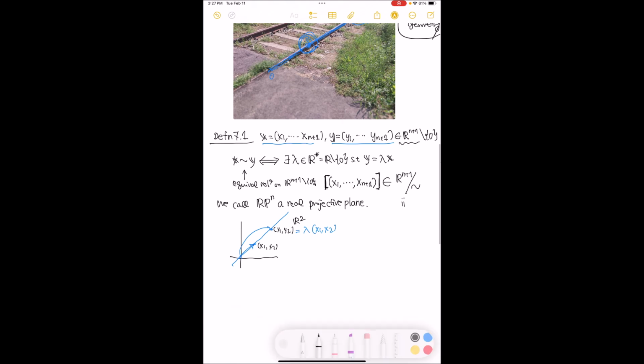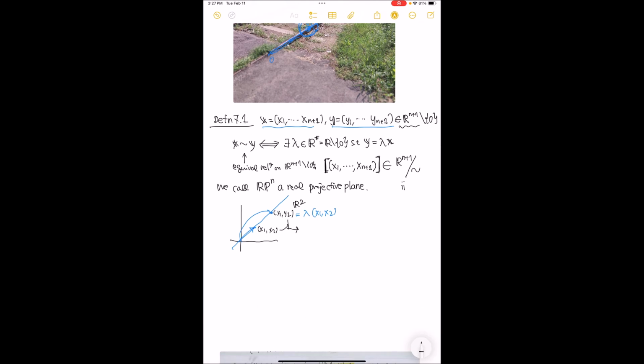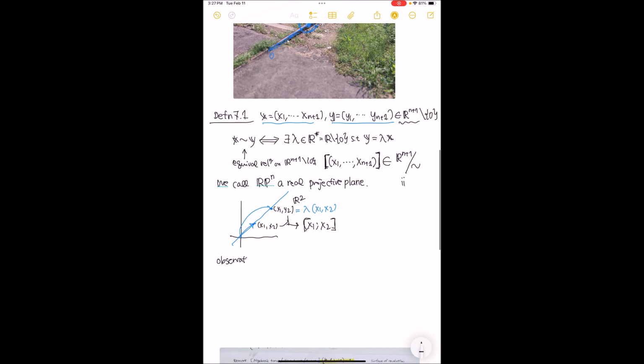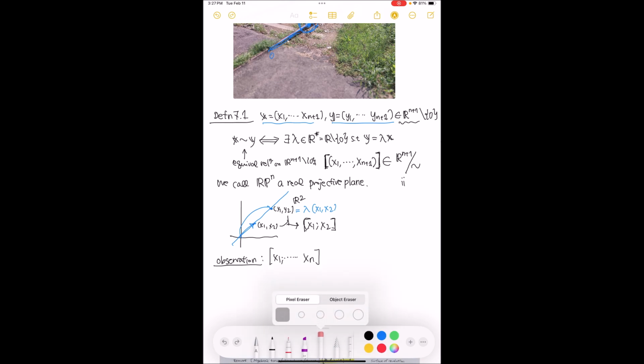In that case, the coordinate is expressed by brackets, [x1 : x2]. In general, for x1 through xn, the coordinates are written with colons.